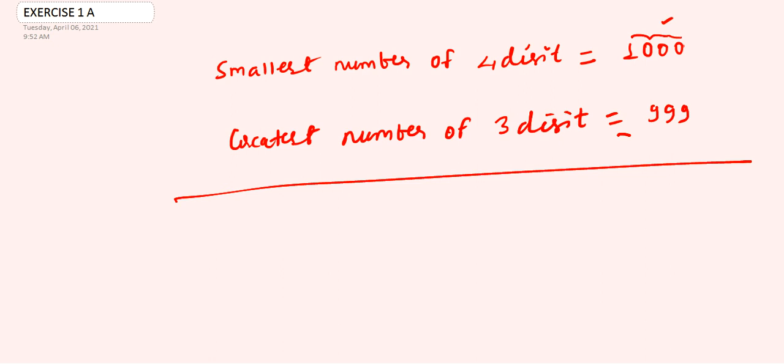So just subtract here, 10 minus 9 is 1, then this is 9, this is 9, and this is 0. So 9 minus 9 is 0, 9 minus 9 is 0, 0. So only 1 is the difference. Okay, so in this way you can solve question number 3, question number 4, question number 5.